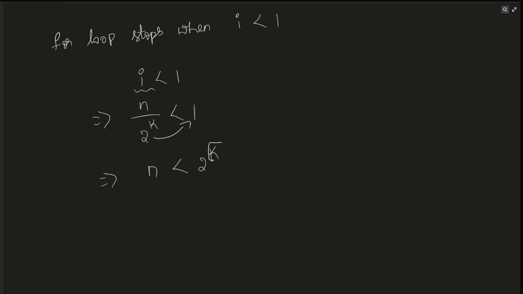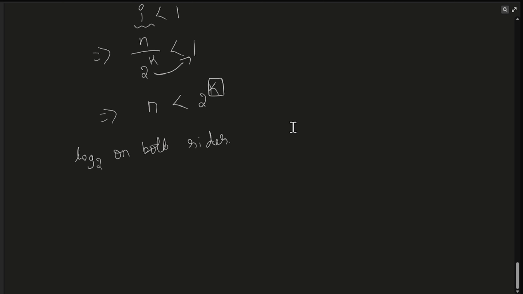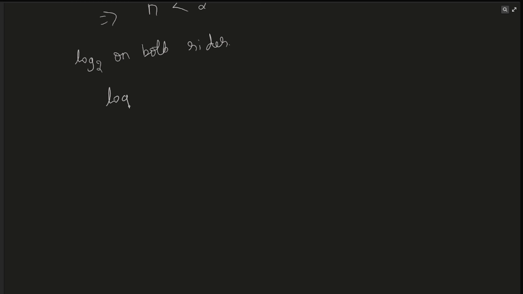To bring this exponent down, as we have seen in our previous example, we'll apply log base 2 on both sides: log 2 n equals log 2 of 2 to the power k.